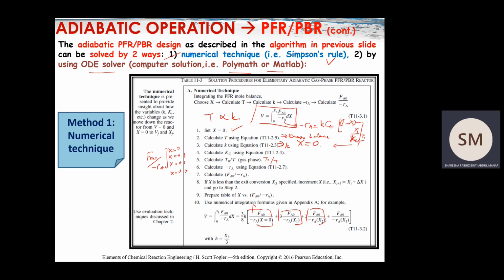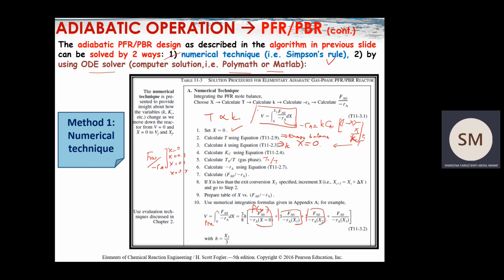It is based on how many function values you have. For example, if you have 4, it is suitable for the 3/8 Simpson's rule, in order to get the volume of the PFR. Later we will do this exercise question at the end of this slide.